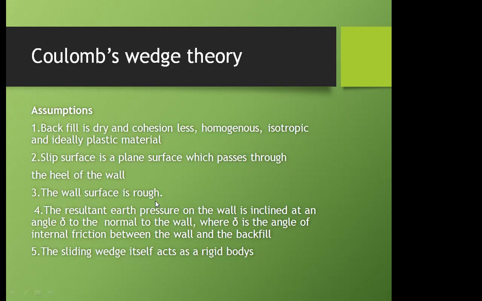And the main assumption is that the wall surface is rough, which means that there will be a frictional force, right? There will be interlocking between the soil particles and the back of the wall. And there is one more thing: the resultant earth pressure on the wall is inclined.